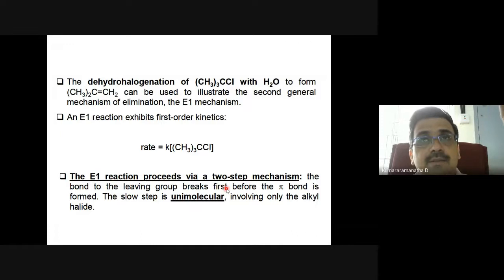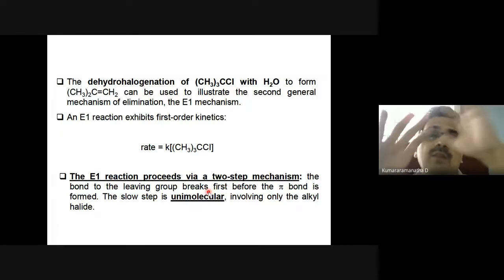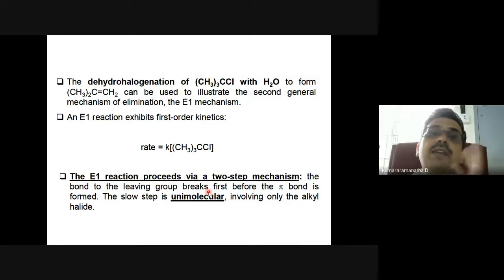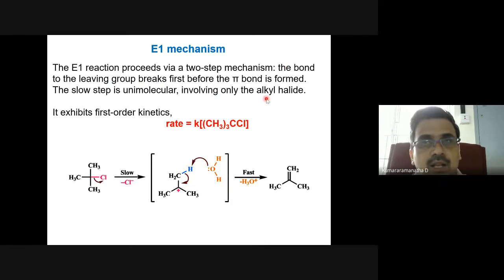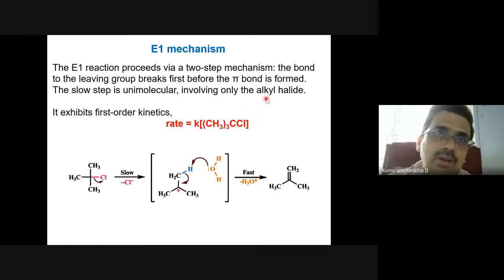This E1 mechanism follows a two-step mechanism. Same like SN1, carbocation formation, then reaction with a nucleophile. Here the bond with the leaving group breaks first and then the pi bond is formed. That is the reason it is called a unimolecular reaction. I'm giving this E1 mechanism even though you don't have it in your syllabus, just try to understand this. It's a very simple thing.